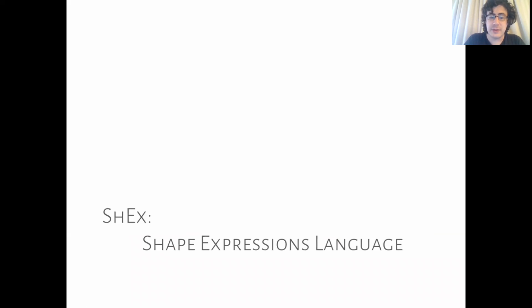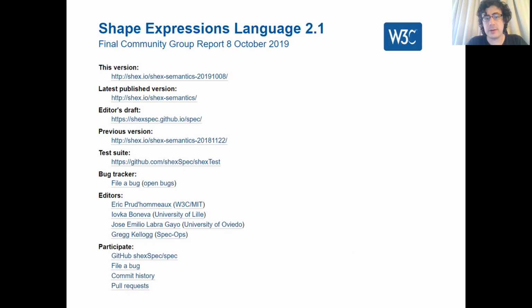I mentioned at the start that there are 2 languages. There is another language called ShEx, which is a similar idea that expresses very similar features. One thing about ShEx is that it's not a web standard, but there is a formal specification there.